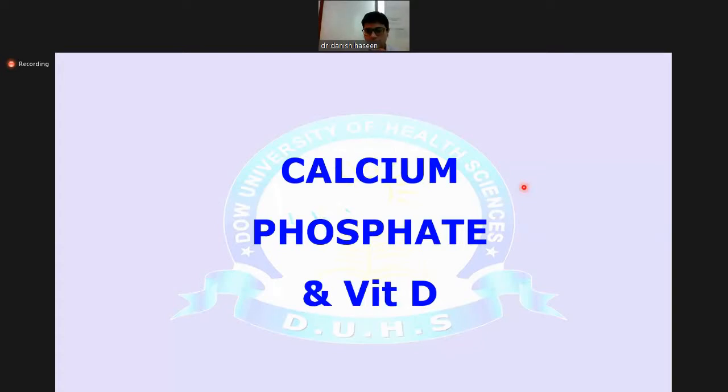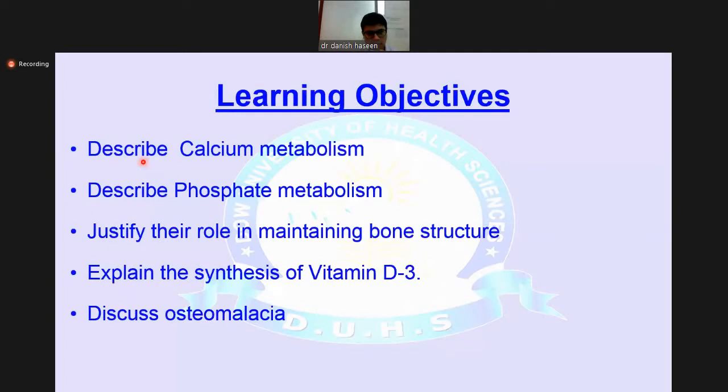The learning objectives of today's discussion: at the end, we will be able to describe calcium metabolism and phosphate metabolism, and justify their role in maintaining bone structure, that is, how calcium and phosphate have an important place in maintaining the bone structure.